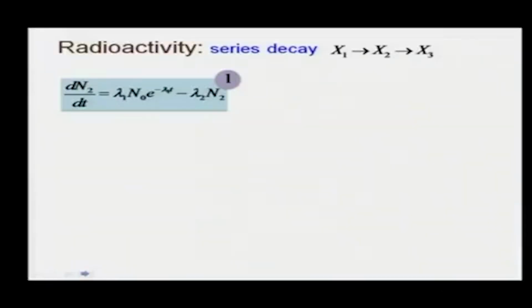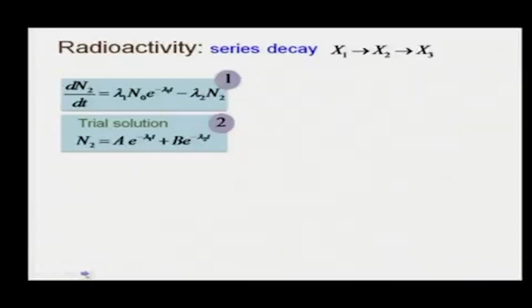All right. So, we can write this as dN2 by dt is equal to lambda 1 N1. Now, N1 I can write as N0 e to the power minus lambda 1 t using the exponential law, minus lambda 2 N2, correct. So, to solve for N2, we will put in a trial solution.